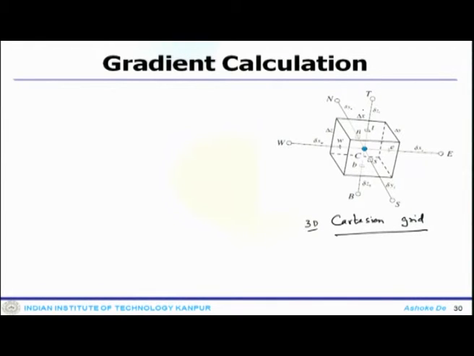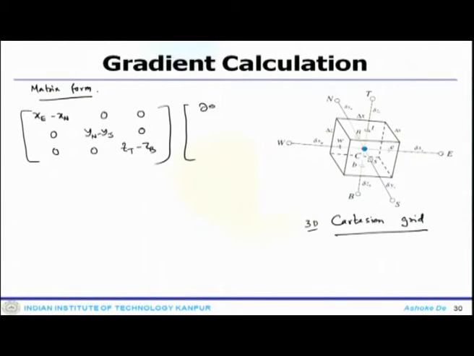Now, in this case, what we can write from our previous matrix equation. So, the matrix form will reduce to something like this: Xc minus Xw, other component would be 0, this will be 0, Yn minus Ys, 0, this will be 0, Zt minus Zb, that is the first part of it.